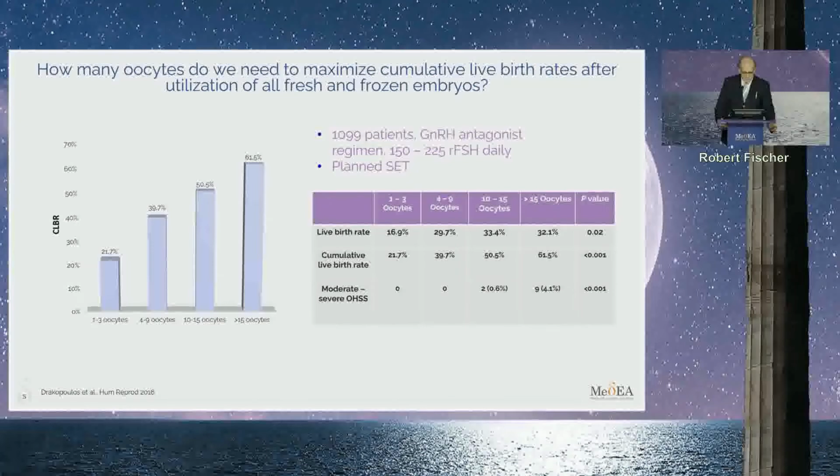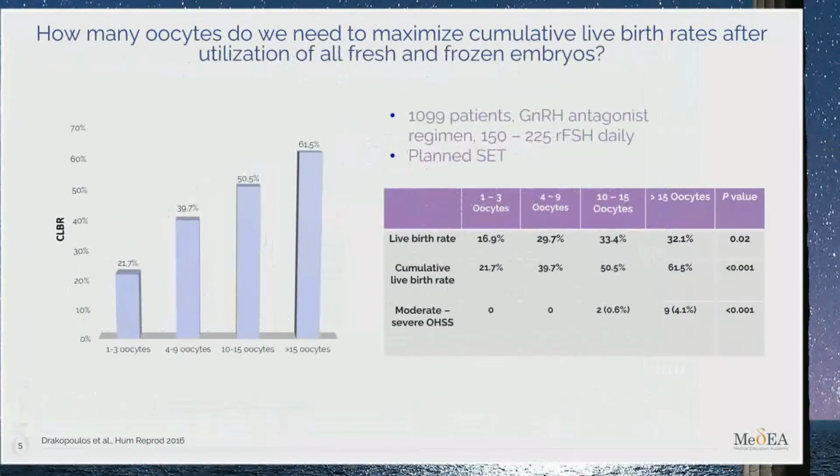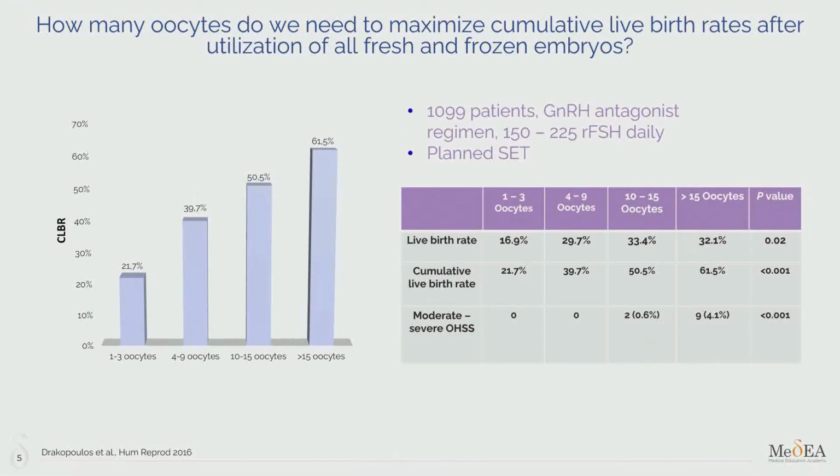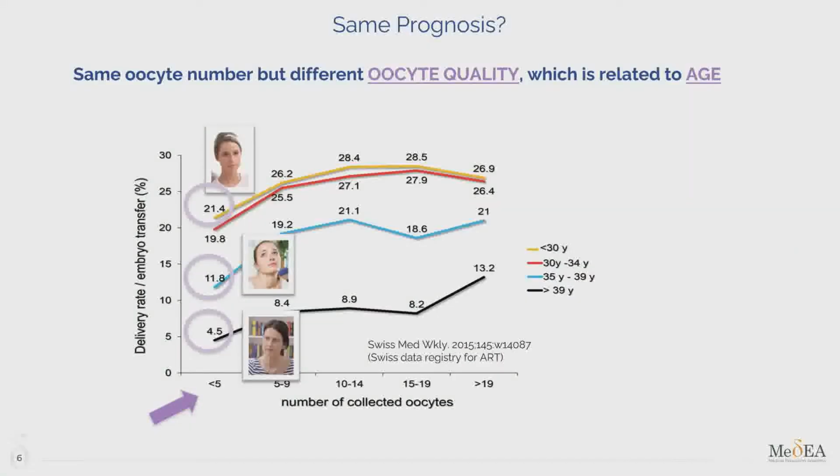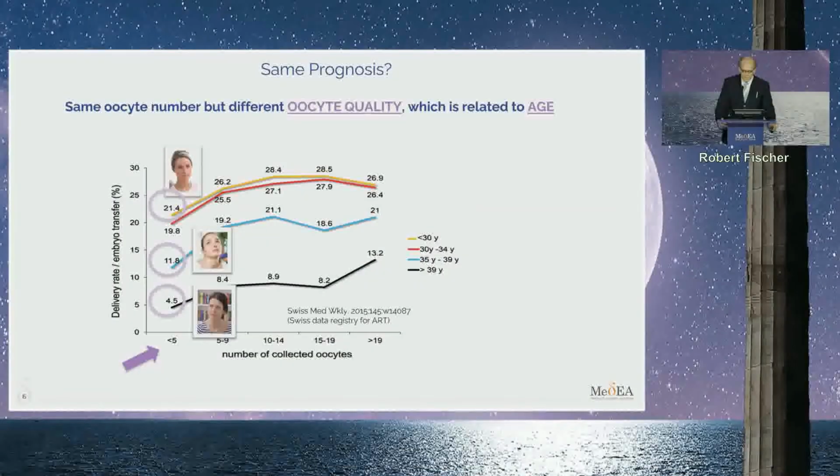But when we look at the lower part with a low number of oocytes, as the Bologna criteria suggested, we can see that in different age groups, we have different probability to have a live birth rate from the same number of the oocytes, and this is data from the Swiss registry.